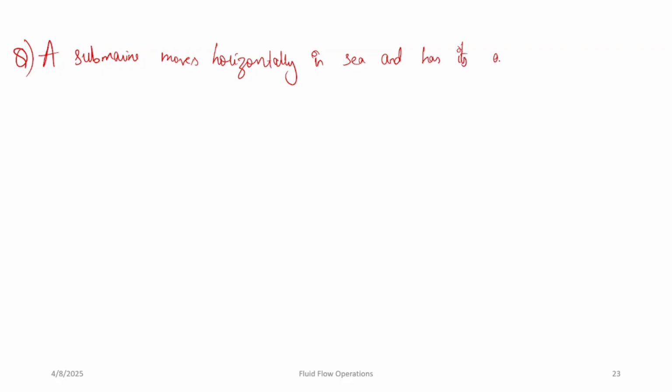So let's solve one problem related to this pitot tube. A submarine moves horizontally in sea and has its axis 15 meters below the surface of water.